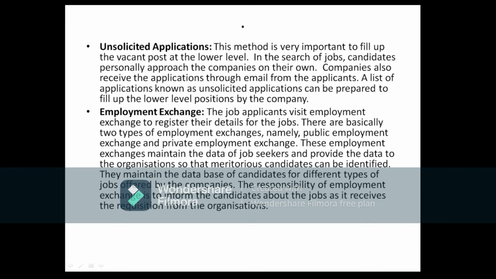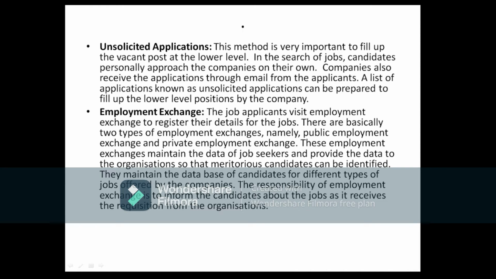But after 1 year, the candidate will be suitable for the company. So the company makes a database of such applications, right? And at the time of urgency, suppose some employees leave the organization, the company can use such applications. So these applications are called the unsolicited applications, right?